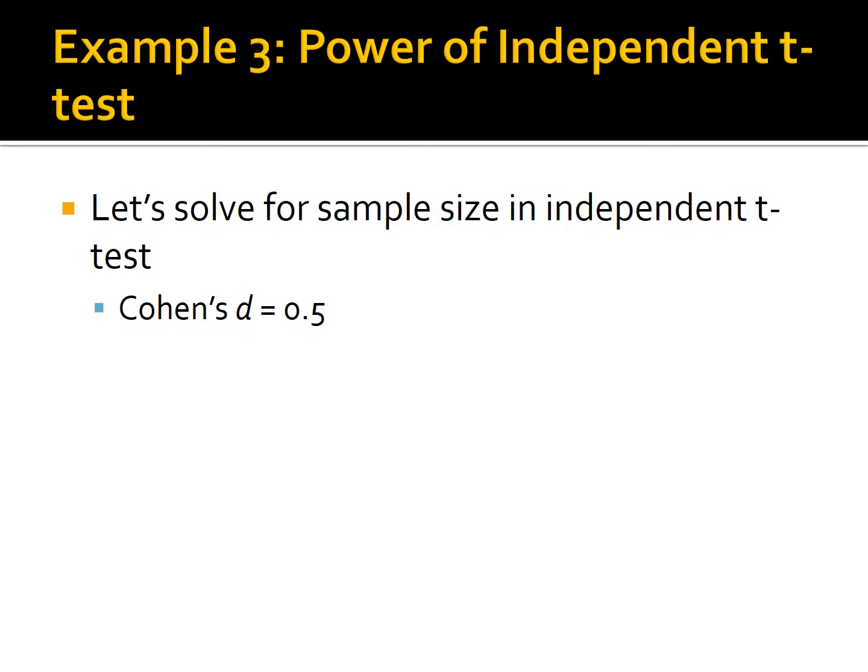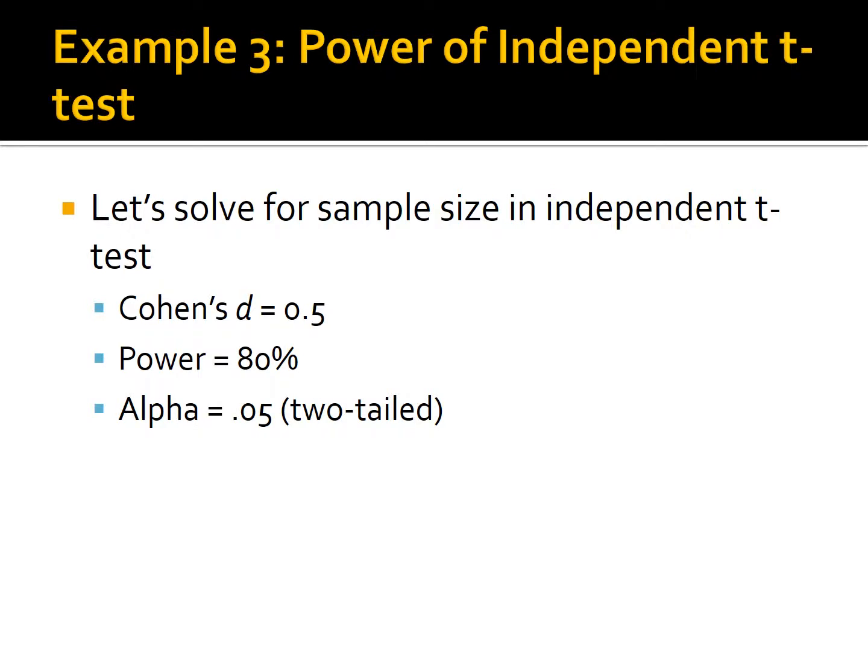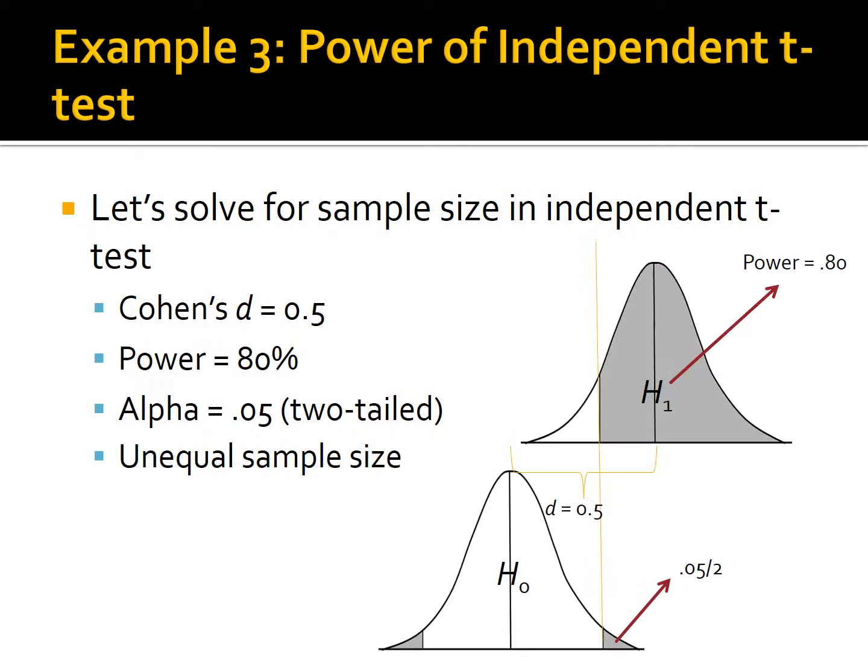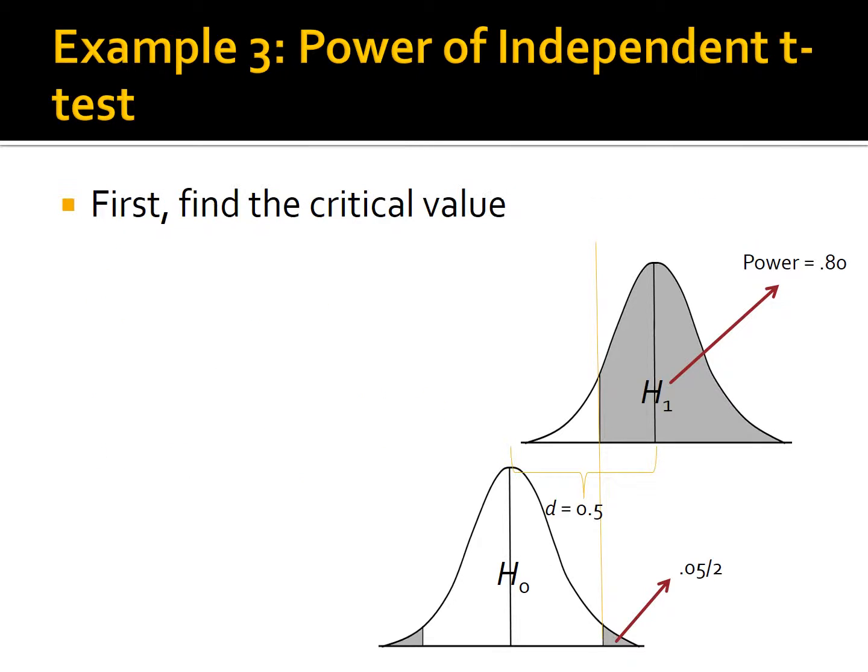We have an effect size of 0.5, power of 80%, alpha of 0.05, and we would like to have unequal sample sizes. This is the same figure that we have in the single variable problem. Again, we start with finding the critical value.